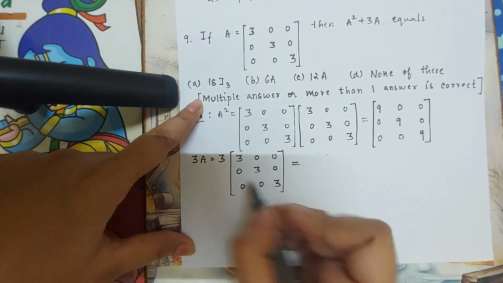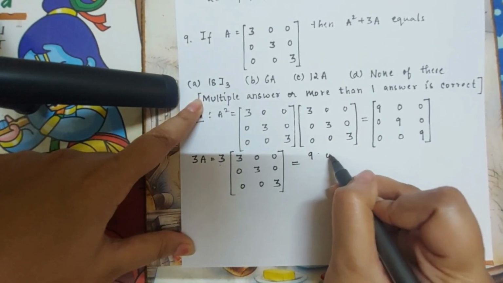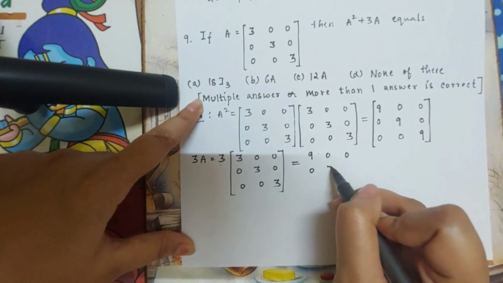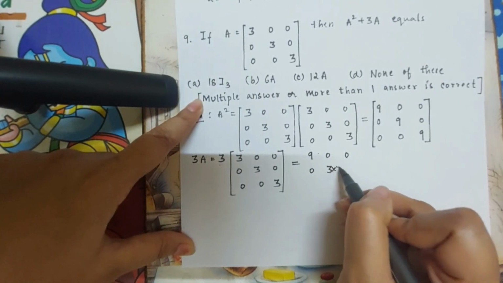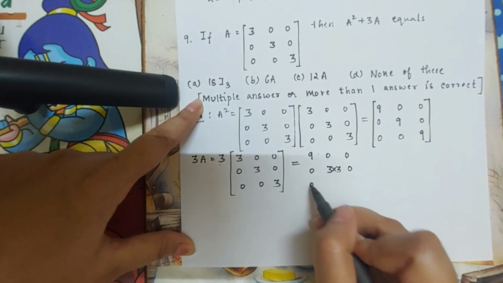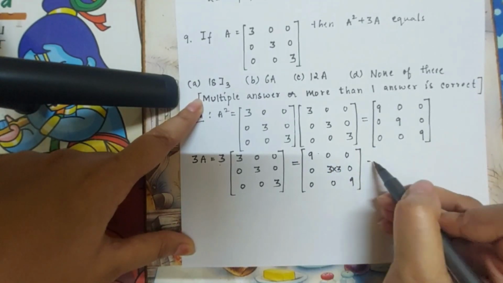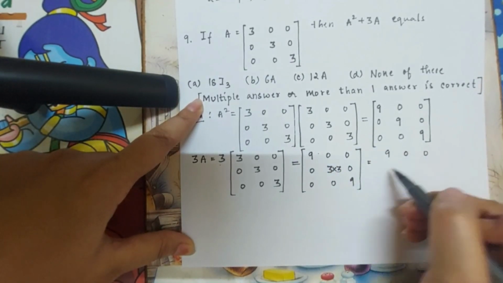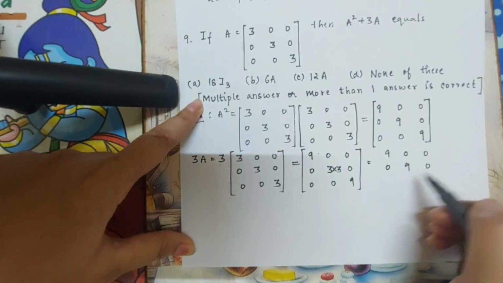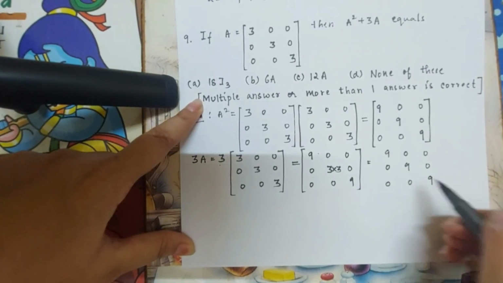This will be 3 3s are 9, 0 0 0, 3 3s are 9, that is 9 0 0 0 9 0 0 0 9.